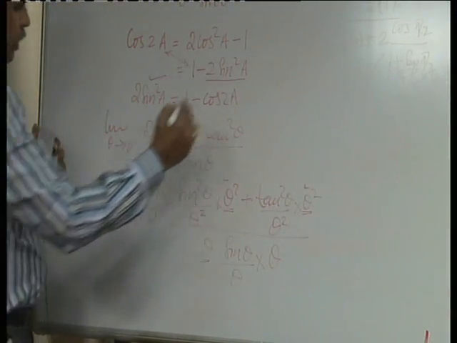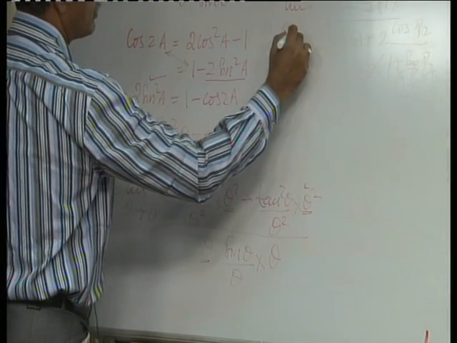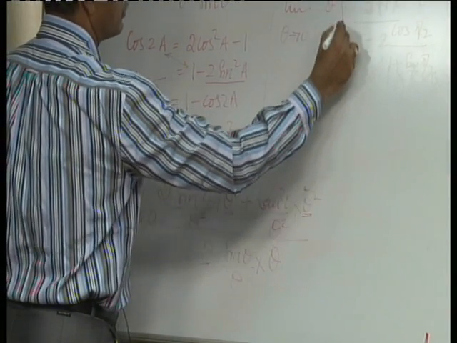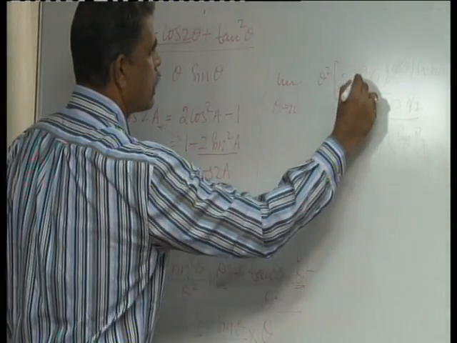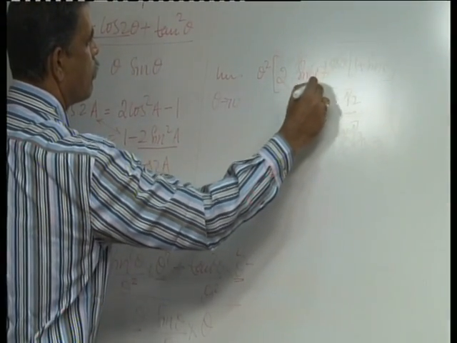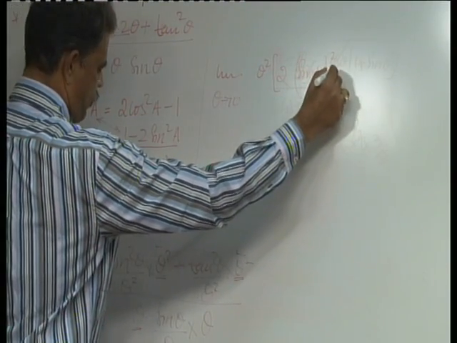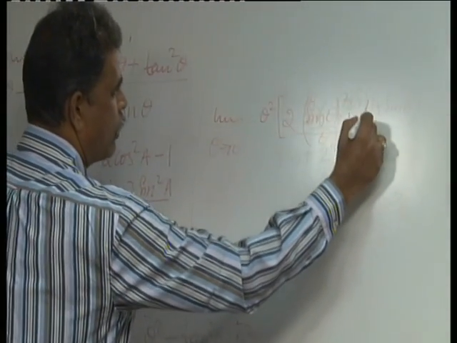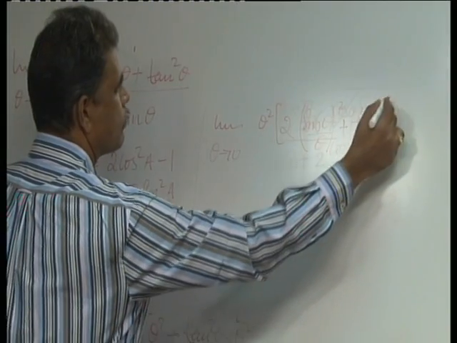See, limit theta tends to 0, if I take theta square as common, 2 into sin theta by theta whole square plus tan theta by theta whole square.